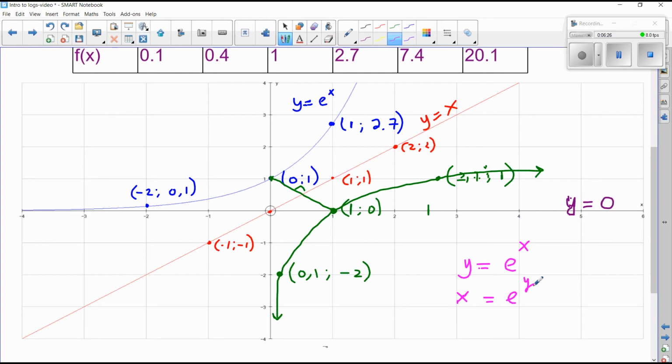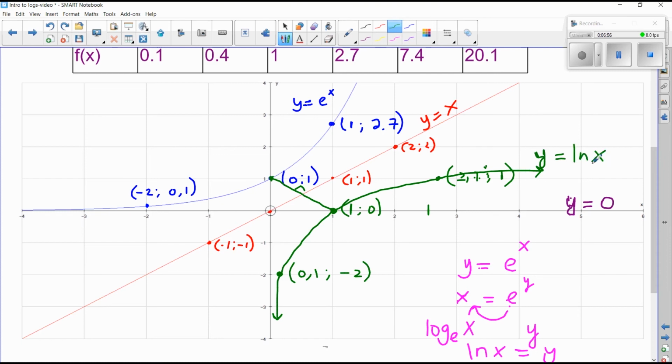If I want to make y the subject of the formula, I need to change this to log format. So y will be the log of x to the base e, and this is ln of x equals y. The green graph is the graph of y equals ln of x.